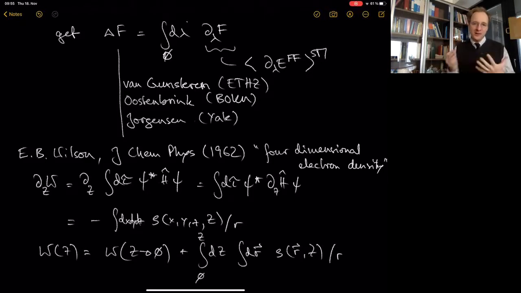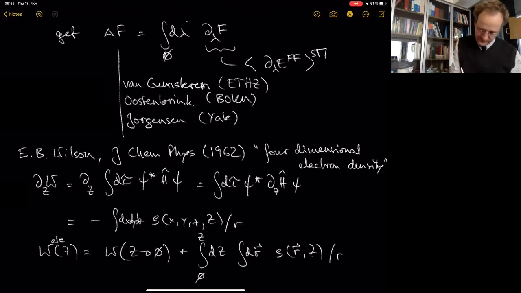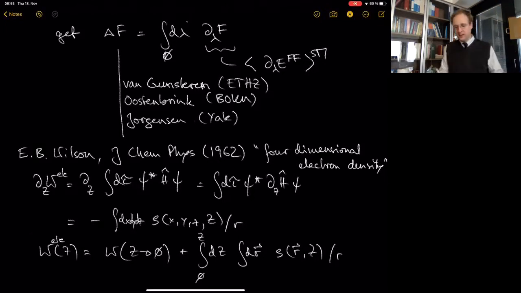In this paper, you get this. So this is the electronic Hamiltonian. This is basically, as far as I know, the first time that the nuclear charge has been included explicitly as a variable within the quantum mechanical picture without any approximation. Right?